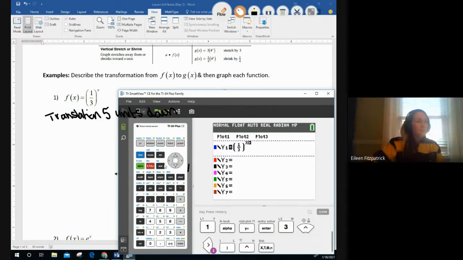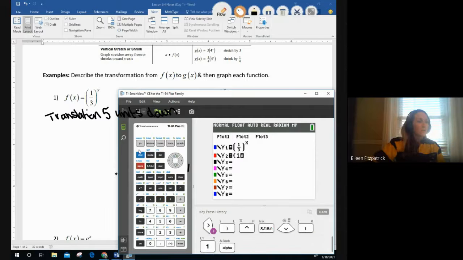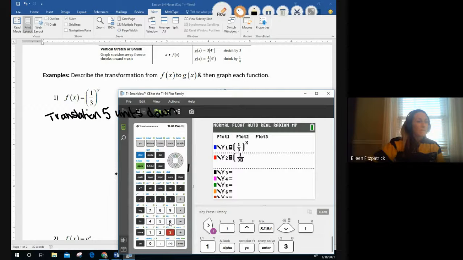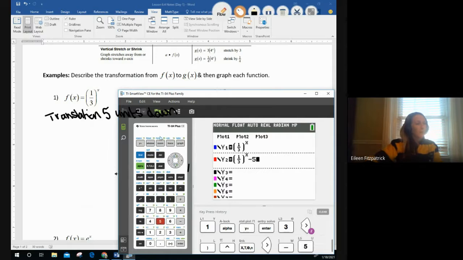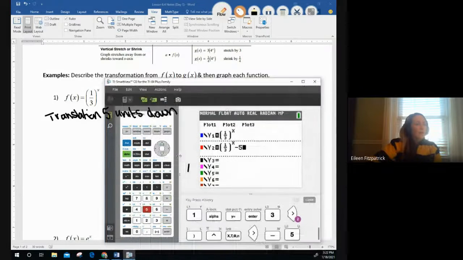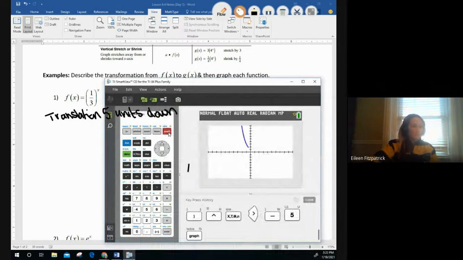And then the other function is parentheses 1/3 raised to the x, minus 5. Okay, I think it was a -5, right? 5 units down, yeah. Then I'm going to hit graph. Okay, so you can see what the function should look like. We have exponential decay functions.